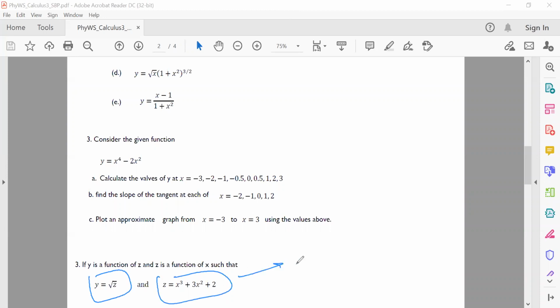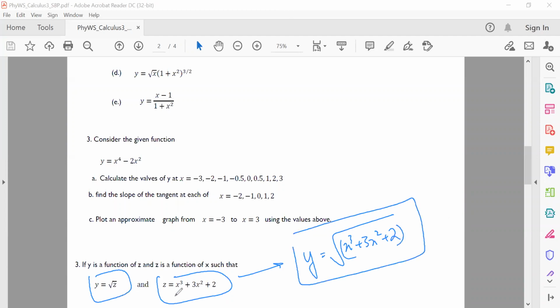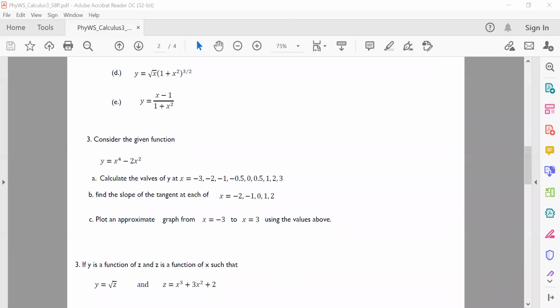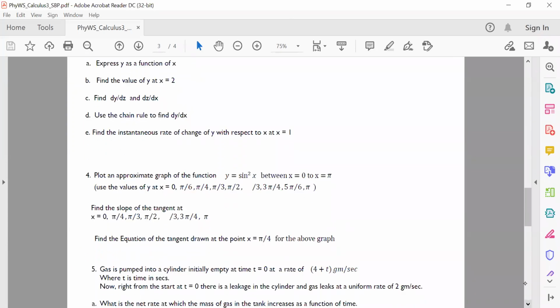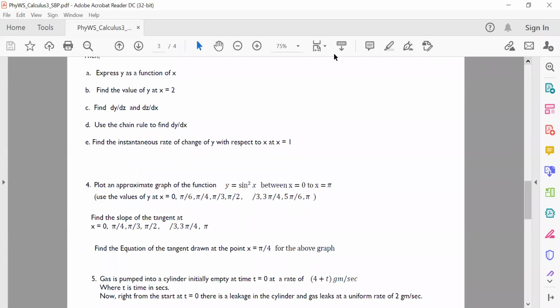We connect these two, and we can see that y is actually square root of this. This is the relationship we're looking for. Okay, so that is our expression of y as a function of x.